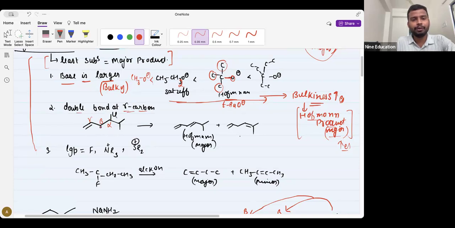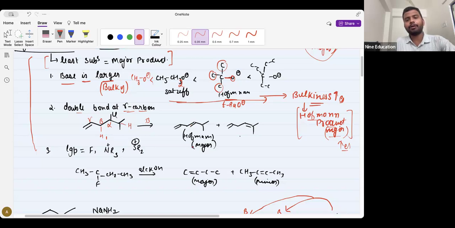It will try to remove this hydrogen with respect to this hydrogen. So out of these two hydrogens, ये वाले हाइड्रोजन को it will try to remove. अगर ये वाले हाइड्रोजन को इसने निकाला, है ना? So the base will come and it will make the double bond here, and this one is the Hoffman product, beta.